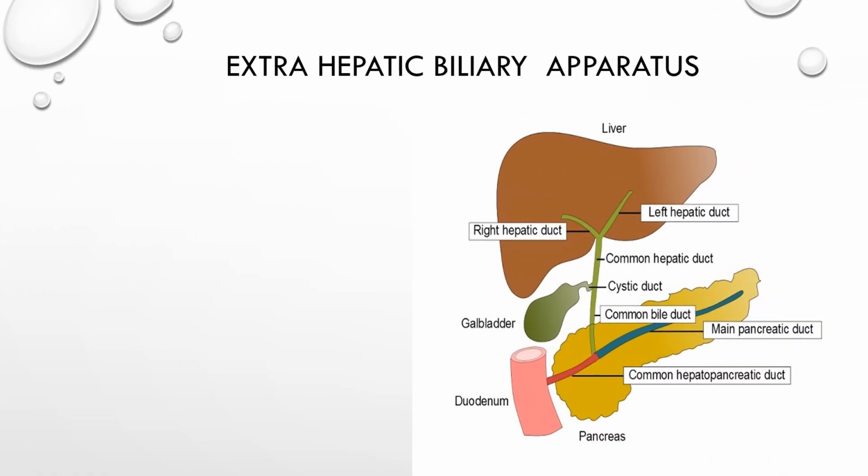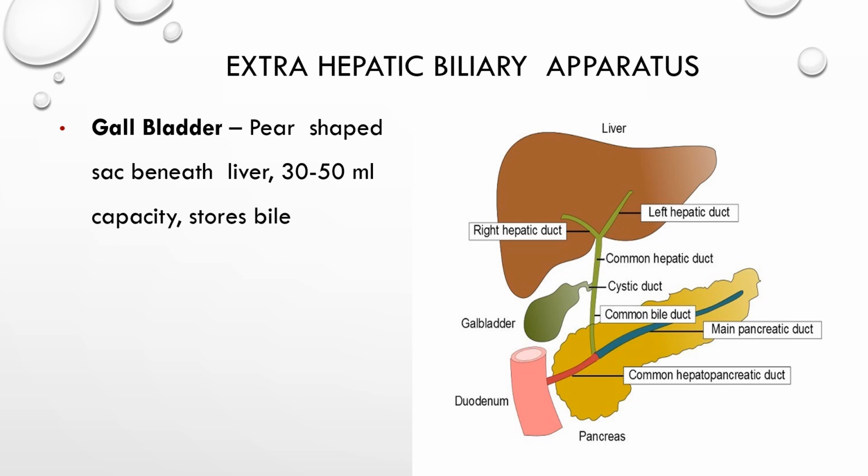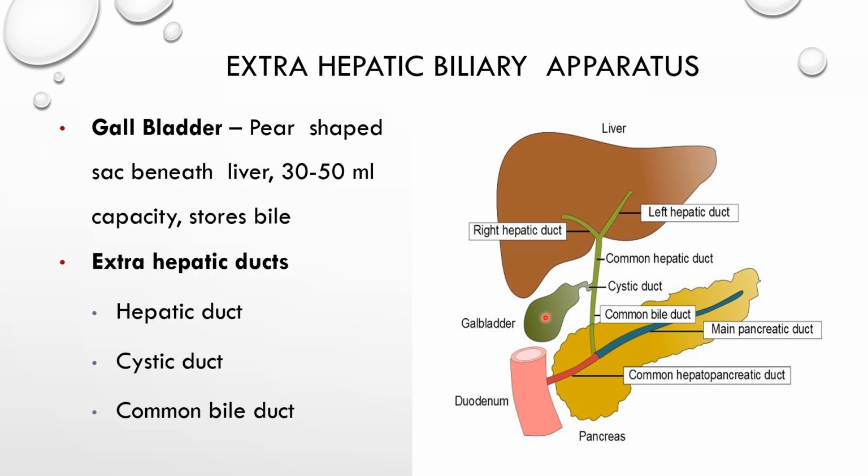Extrahepatic biliary apparatus, the gallbladder. Here you can see the gallbladder, a pear-shaped sac near the liver. Beneath the liver, you can see the gallbladder. It stores the bile, and its capacity is 30 to 50 milliliters. The extrahepatic ducts include the common hepatic duct.